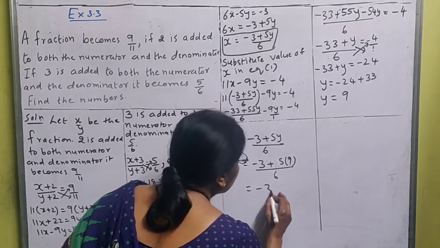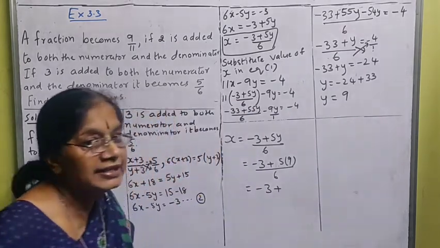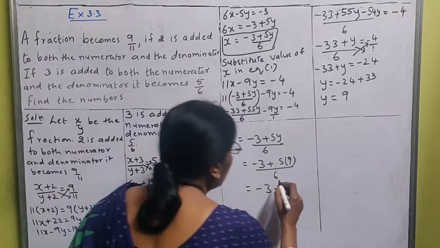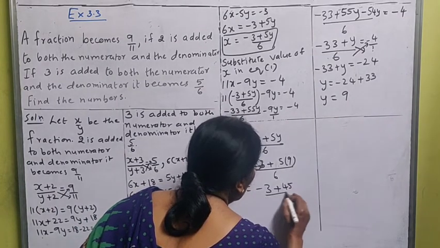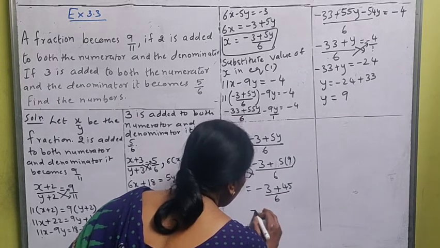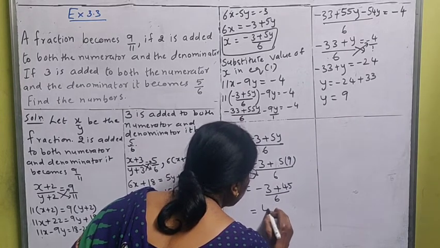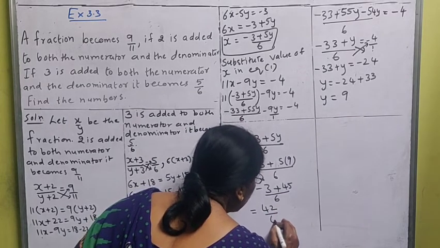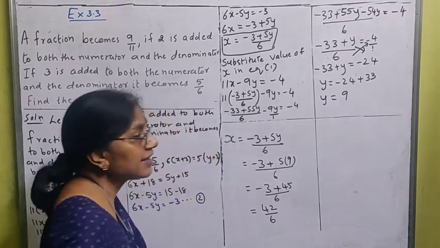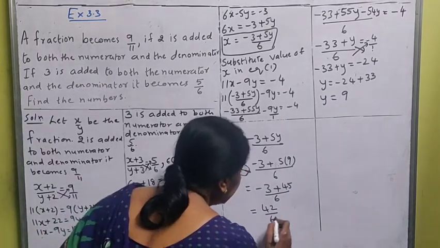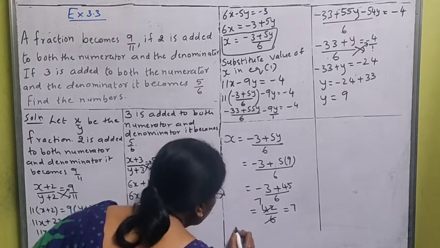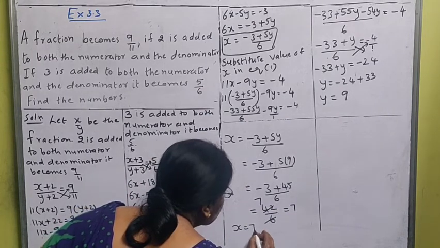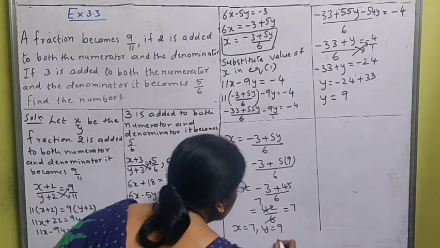How much are 5 nines? 5 nines are 45, whole divided by 6. From 45, 3 subtracted, you will get 42 divided by 6. In the 6 table, 42 is there, 6 sevens are 42, so it is equal to 7. So you got x is equal to 7, y is equal to 9.